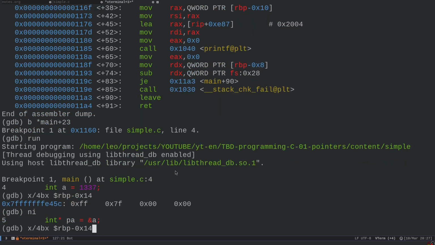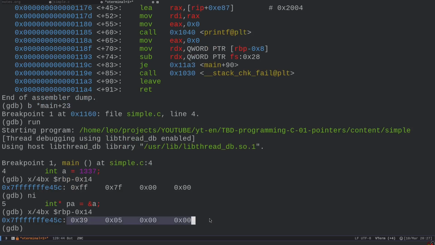We do next instruction, and look at this, it changed like before. So this is what we had even before, nothing new here. We have the value written as these 4 bytes, in which the last 2 are going to be 00, and the first 2 are going to be 3905. When this is assembled and read as a little endian integer, this is going to be 0x0539.